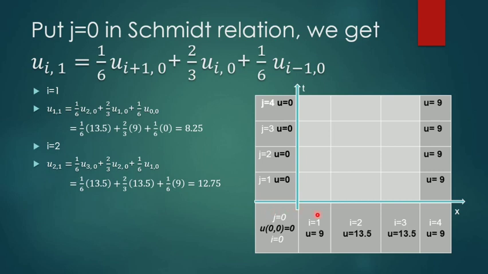This value of u is obtained from these three values. So substituting these three values here, what will you get? 1 by 6 into 13.5, this value, plus 2 by 3 into 13.5 plus 1 by 6 into 9. After simplification, you have found this value as 12.75.